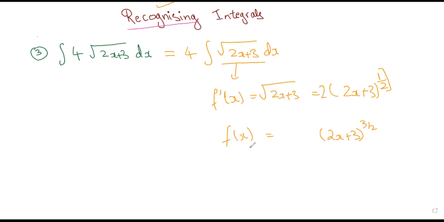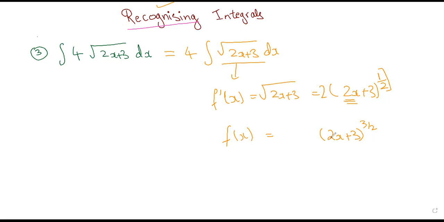If we had this f of x directly and we differentiate it, this 3 by 2 would become 1 by 2. But the derivative of the inner function is 2. So that is missing here in the derivative. Do you understand? Yes.